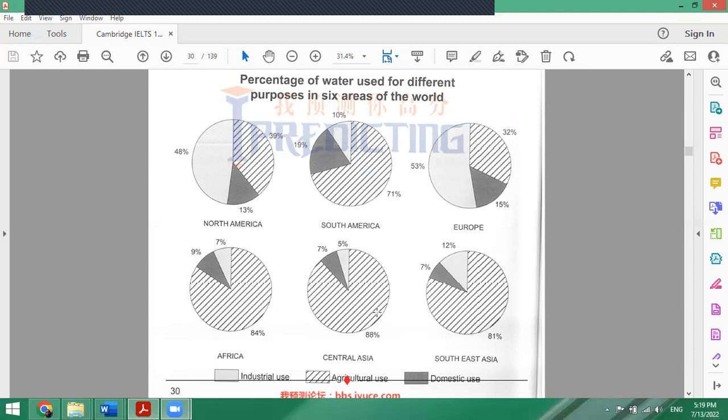So that's the most important part. In the overall, it takes this into account, and I'm not going to tell you what you have to write overall because it's your task, but you will have to take this into account as it's going to be your overall, and you have to organize your overall paragraph based on the most important feature here, as it is agricultural use.